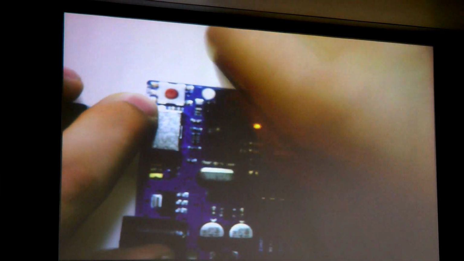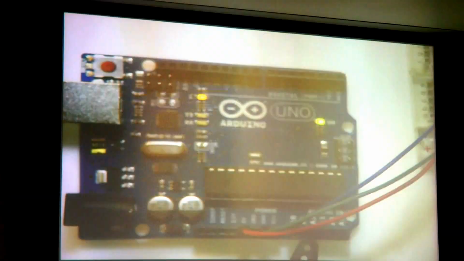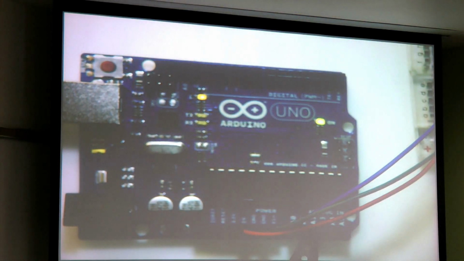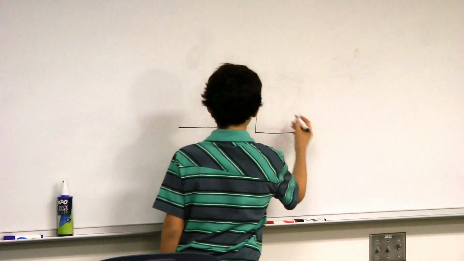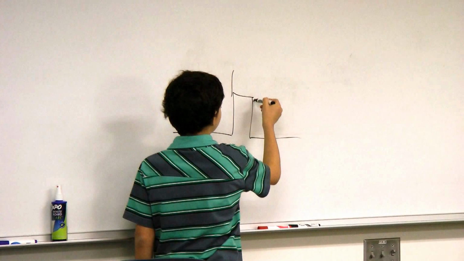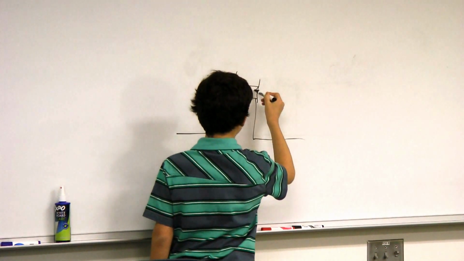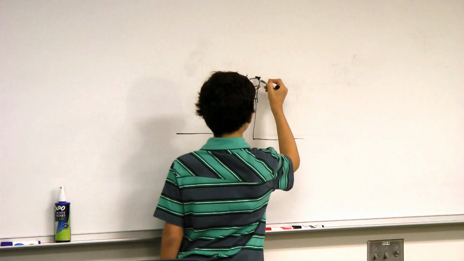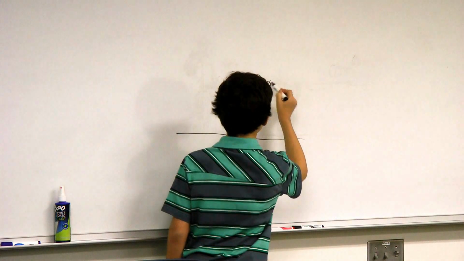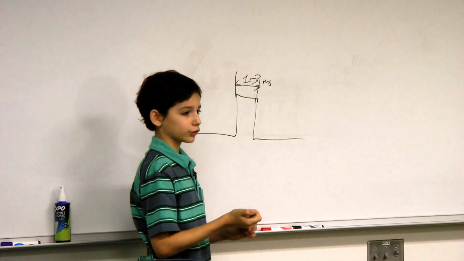For a servo, there are two ways you can control it. You can give it pulses, and by varying the time from like 1 to 3 milliseconds, you can control where it turns.